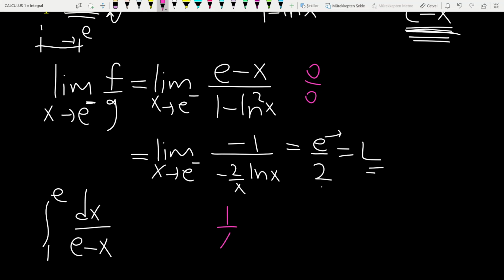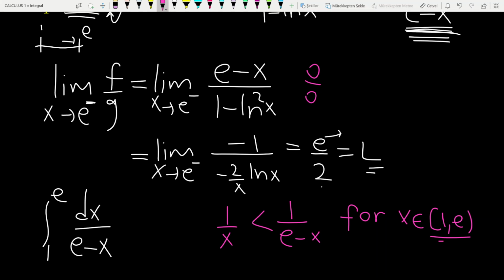We know that 1 over e minus x is greater than 1 over x for x in the interval from 1 to e, closed at 1 and open at e. For this interval, we have this inequality, right? And we know that this improper integral is divergent. If the smaller one is a divergent improper integral, the greater one must be divergent.